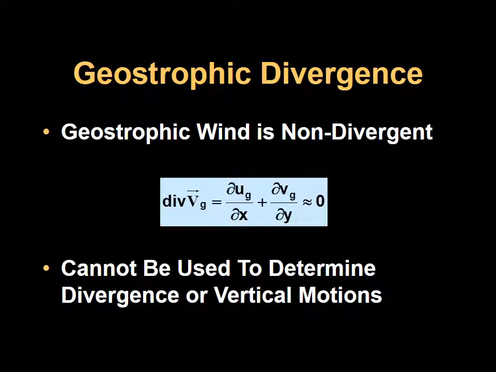If the air is close to geostrophic, as the isobars spread out, it'll slow down. And that's our concept of a geostrophic wind. The geostrophic wind flows parallel to the contours, doesn't flow across the contours, and the geostrophic wind speed is a function of the height gradient. So you really can't use the geostrophic wind to figure out if the air is convergent or divergent.